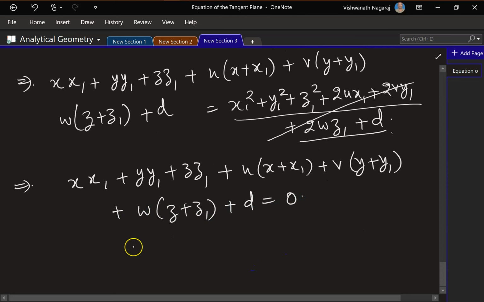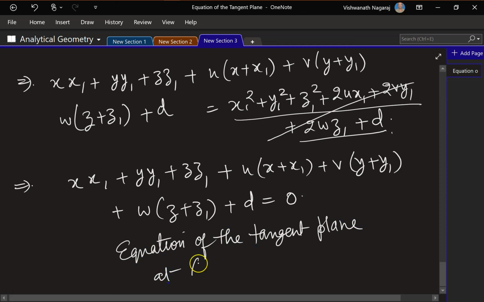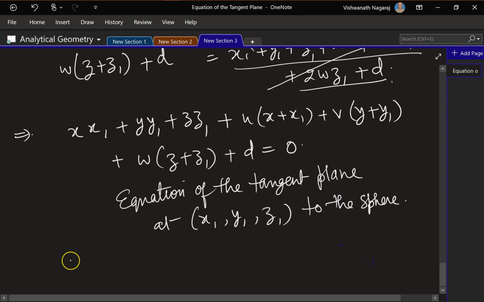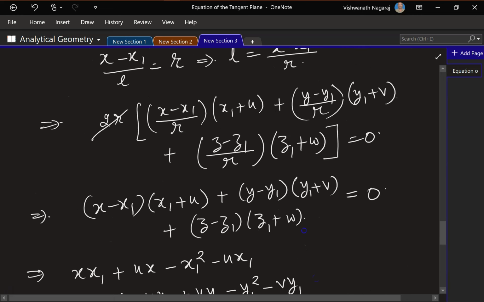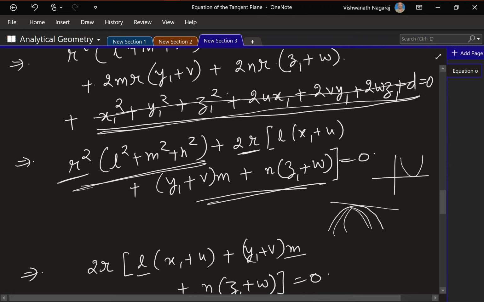So this is the equation of the tangent plane at (x1, y1, z1) to the sphere. And this point (x1, y1, z1) is called the point of contact, right? So if we go back to the picture, this is the point of contact.